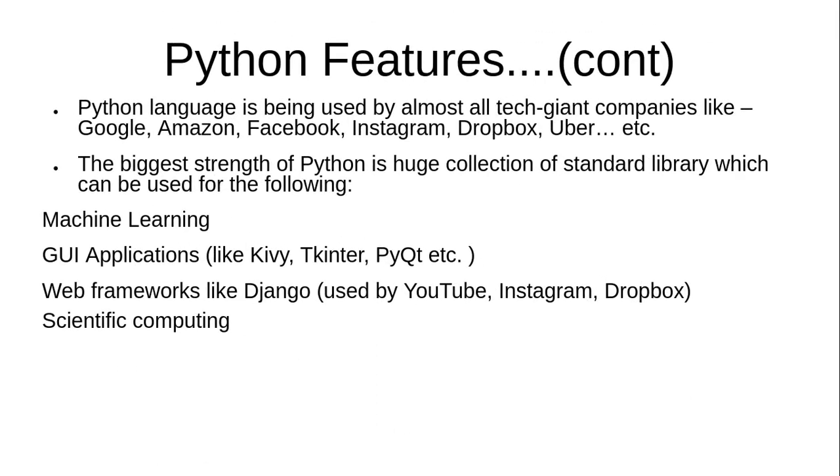Python is actually being used by some tech giant companies out there, including Google, Amazon, Facebook, Instagram, Dropbox, even Uber, right? And the biggest strength of Python lies in its huge collection of standard libraries, which can be used in areas like machine learning, graphical user interface applications, and web frameworks like Django, which is currently being used by YouTube, Instagram, and even Dropbox.